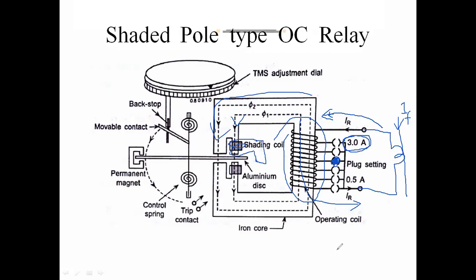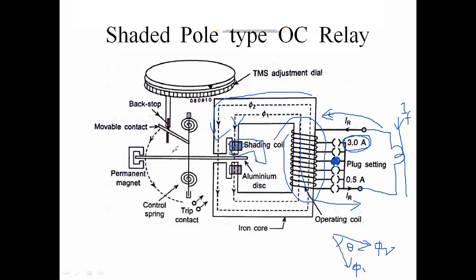This shading coil produces a phase angle difference between phi 1 and phi 2, and this phase angle difference is taken as theta. Due to this theta, we get operating torque proportional to I square sin theta. So sin theta is constant.